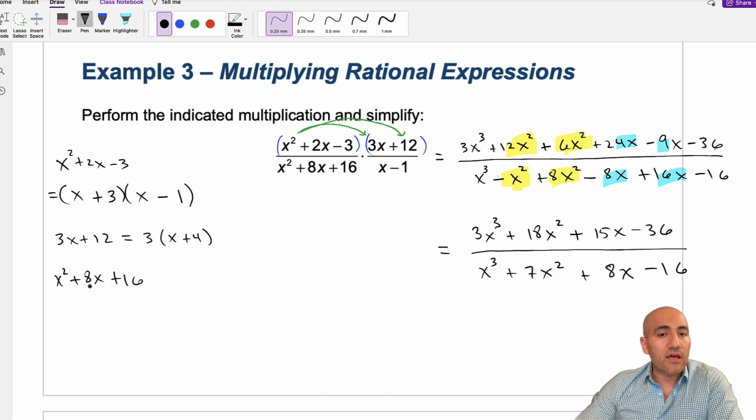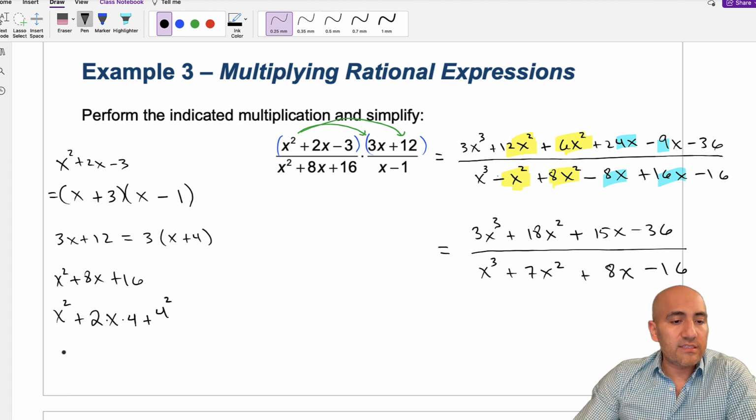Also, if you notice, this also fits one of our patterns. The first term is squared, the last term is squared, and the middle term happens to be twice the two things that you squared, x and a 4. This is going to be x plus 4, parentheses, squared. Good. You can do guessing and checking and confirm that this actually does fit that.